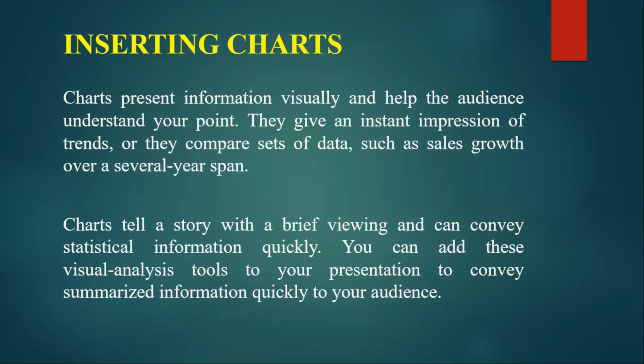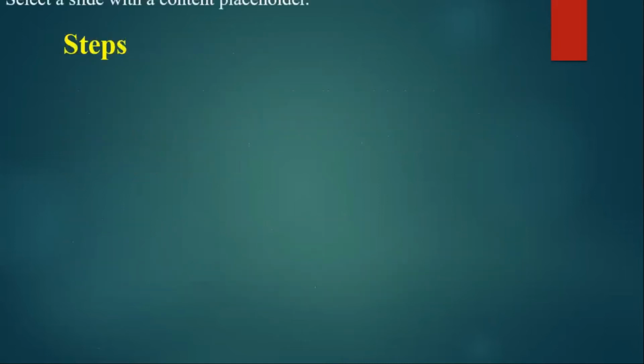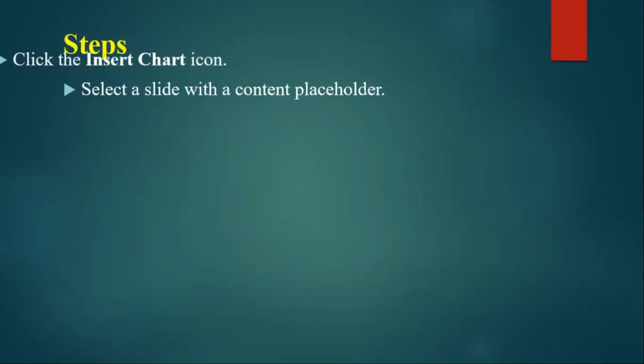This bar, which is colored green, represents the males, and so on, and the tutors. That's why we are saying that charts represent information visually and help the audience to understand your point.